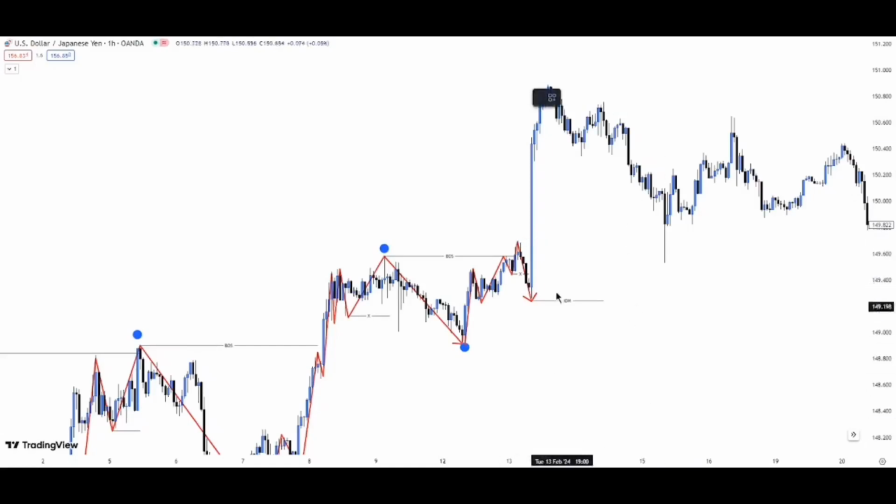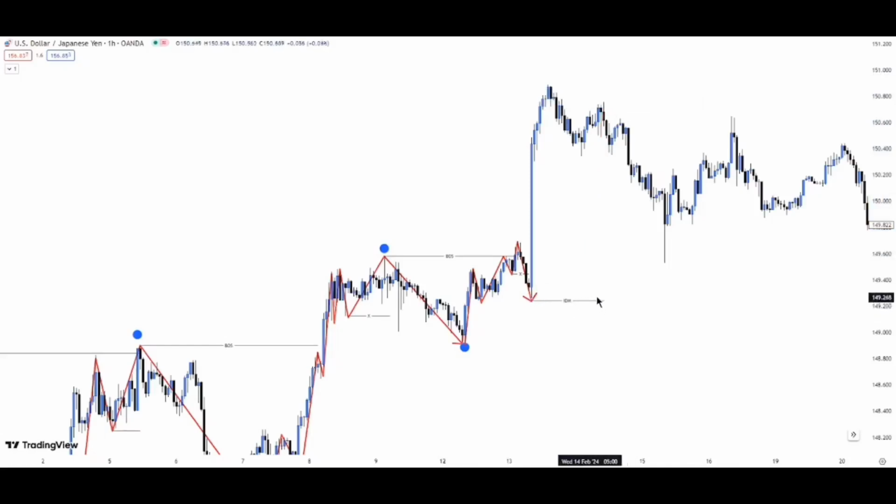Because for this low to be confirmed as a higher low, it has to have something like this 1, 2, 3 pattern. This is what you need to see before this low can be confirmed as a higher low. But in this case, there was no such thing. And therefore, this low is now converted to inducement.